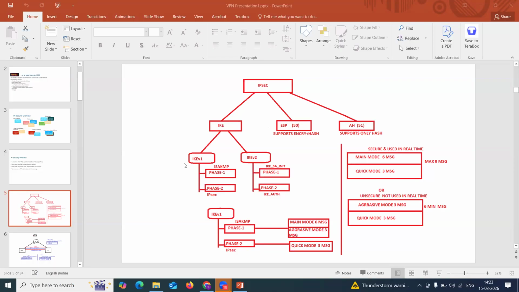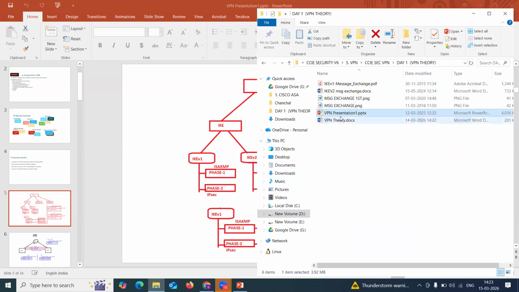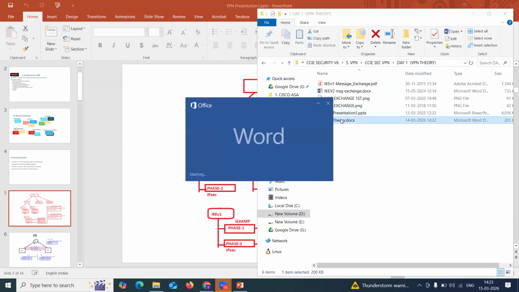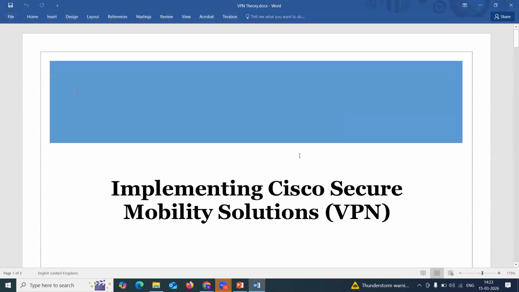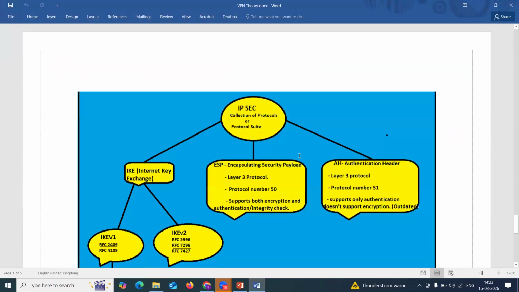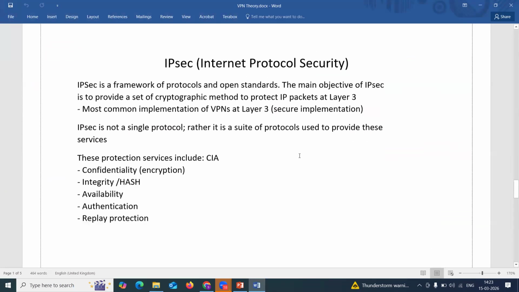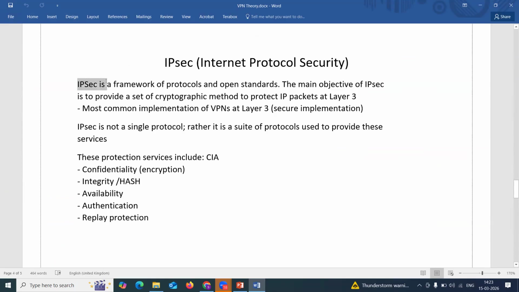I'll tell you how to give a definition of IPsec. Whatever you told is fine, but not the way it should be. See what definition is mentioned here. IPsec is a framework of protocols and it's an open standard.